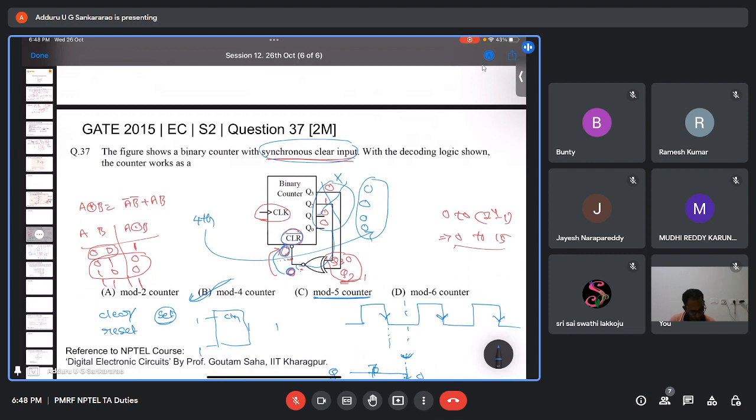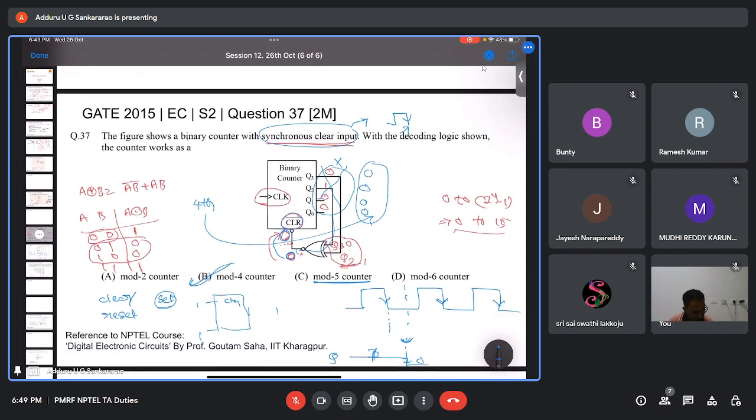Maybe synchronous clear input means when the fifth clock pulse comes, then I think it will. Okay, maybe that one, I guess. So if it is asynchronous clear input, irrespective of the clock input, the output of the flip-flops will change. Synchronous means maybe whenever the next clock pulse comes, let us say negative edge triggered, only at that time the outputs will be cleared. Maybe after application of the fourth clock pulse, the outputs are 0, 1, 0, 0.